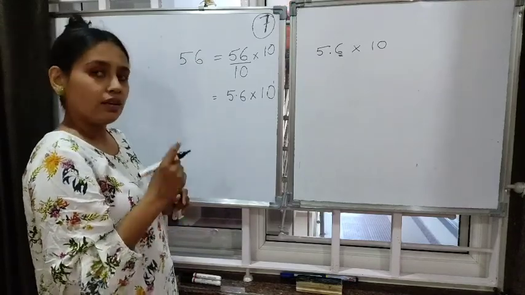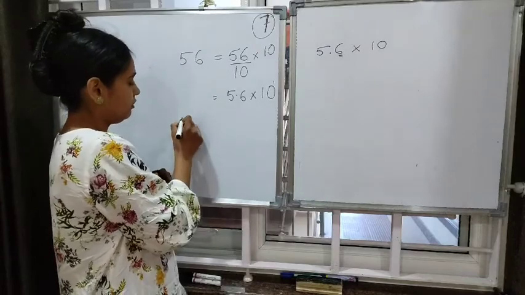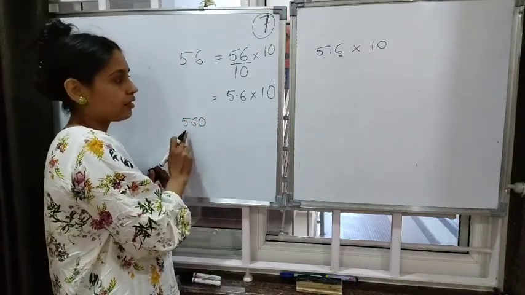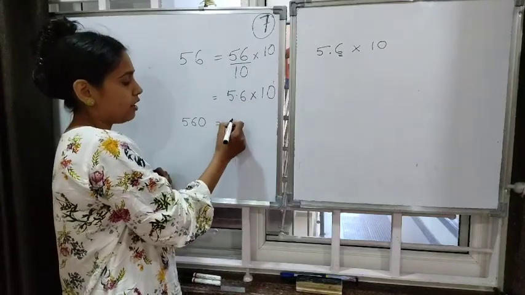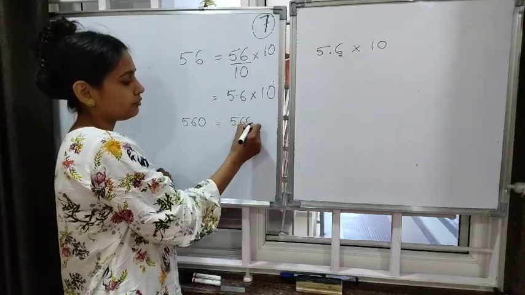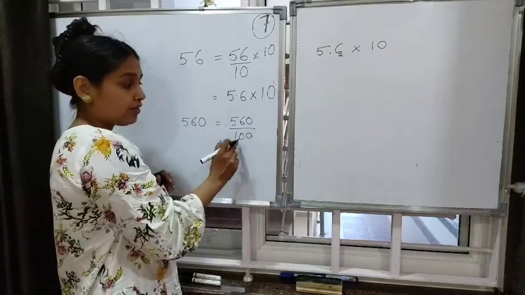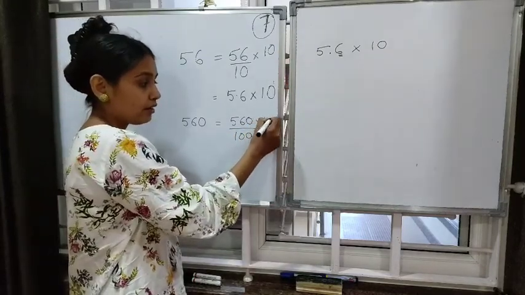Okay. Let's take another example. Suppose the number is 560. Bring it in decimal form. How? You will have to divide by 100 now. Since you are dividing by 100, you will multiply also by 100.